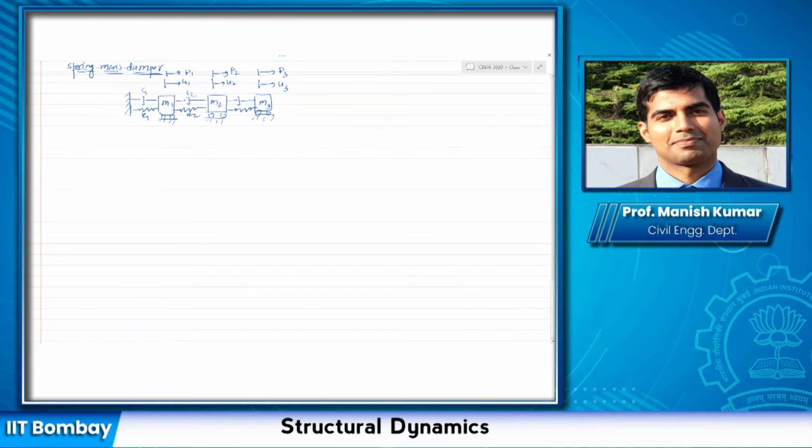If you remember, we said we are going to dissociate the total system, or the overall system, in terms of mass component, damping component, stiffness component, that is K component, C component, and M component, or inertia component.